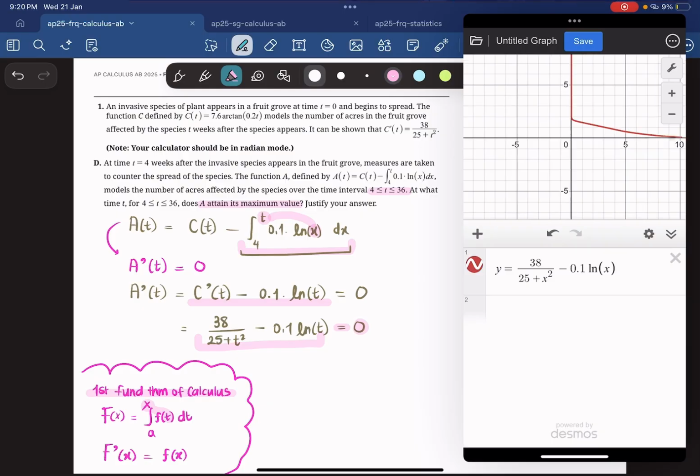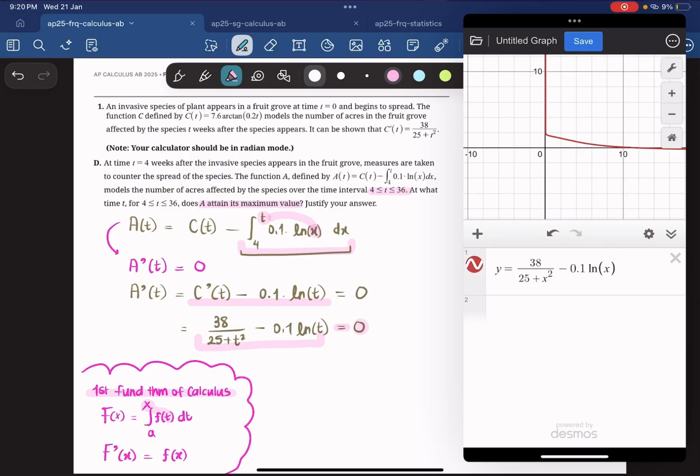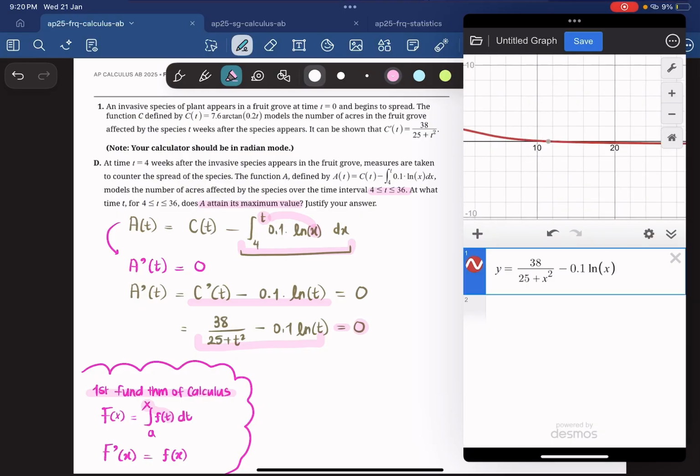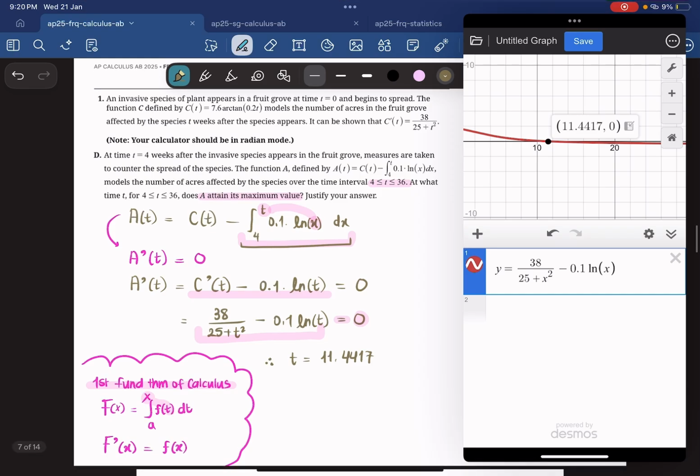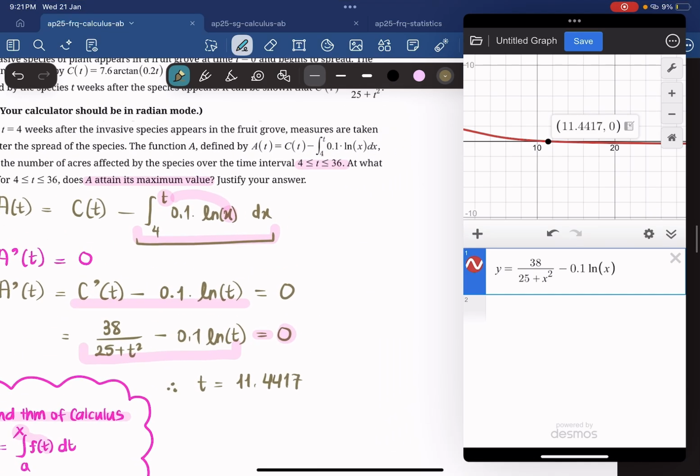Now to get the intersection with the x-axis, here it is: 11.4417. So therefore t equals 11.4417, but that's not our final answer. That's why I didn't round it to 3 decimal places.